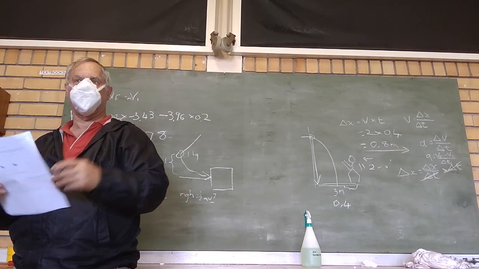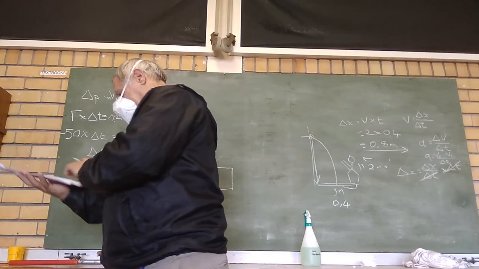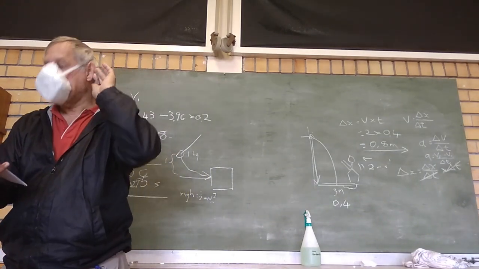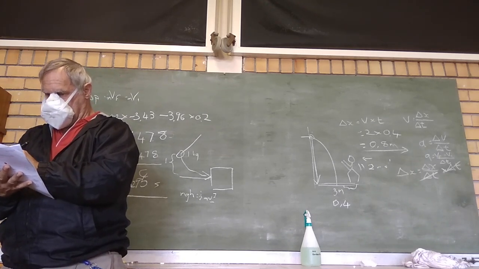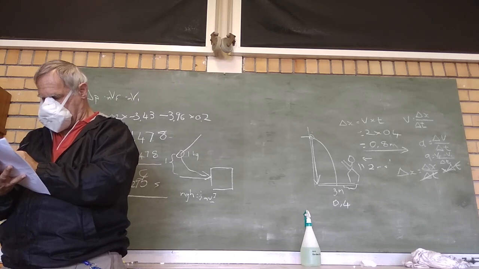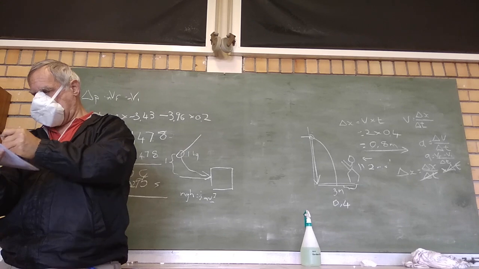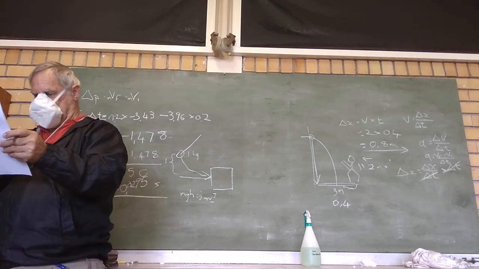Volunteer? Okay, Aidan's doing 6. Okay, more volunteers? Okay, David's doing 3.